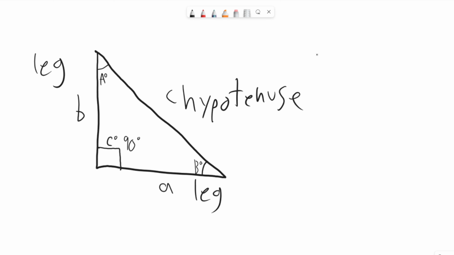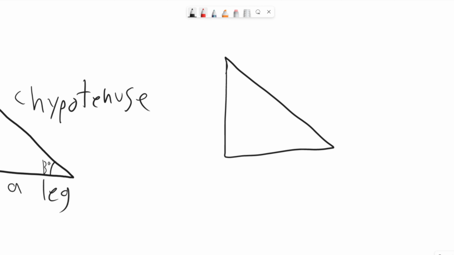Now, depending on what angle you look at, these all have slightly different names. Let's say the angle I'm looking at is A degrees. Now, the longest side will always be the hypotenuse.